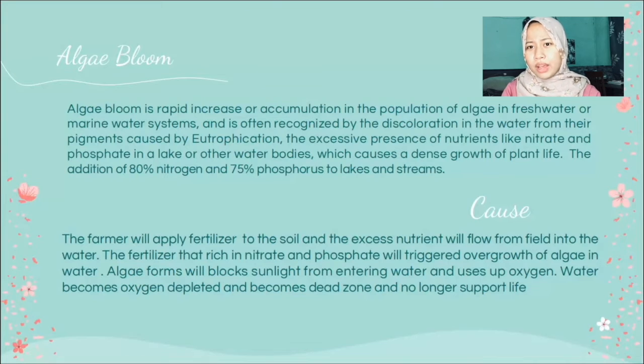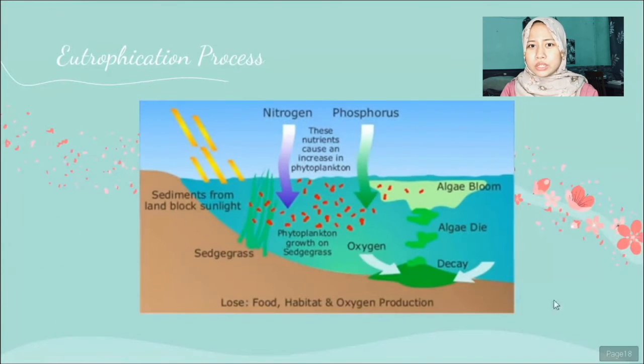The percentage of addition of nitrogen is 80%, while for phosphorus it is 65%. So, this may show the eutrophication process. I will explain it in a short way. First of all, the farmer will apply fertilizer to the soil and the excess nutrients from the fertilizer will flow into the water.